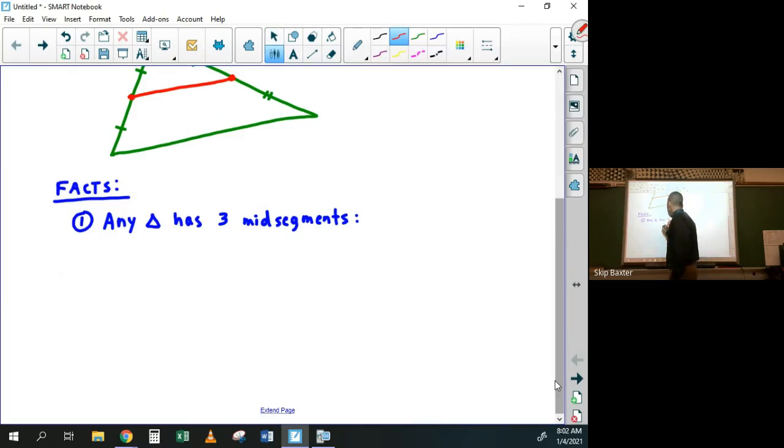If I have a triangle like this, there's 3 midpoints, right? One midpoint of each side. There's this midpoint, and this midpoint. And so the 3 mid-segments here would just be like that one, and that one.